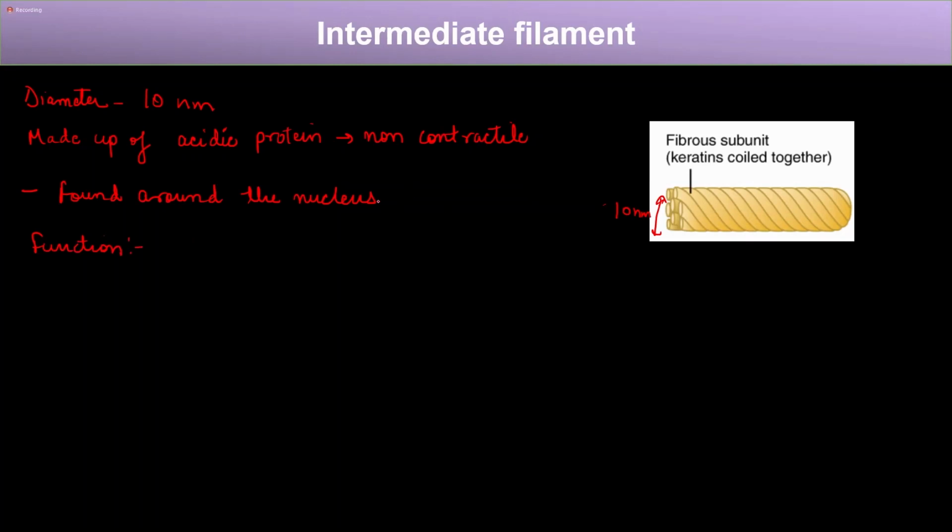Since they are found around the nucleus, they provide structural support to the nuclear envelope. So this is all about the intermediate filament.